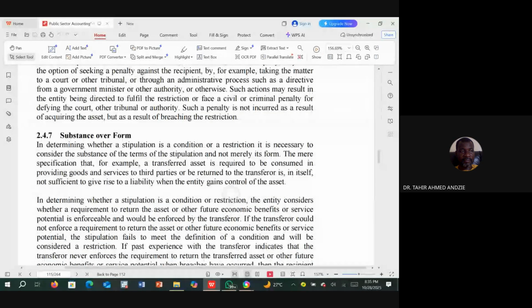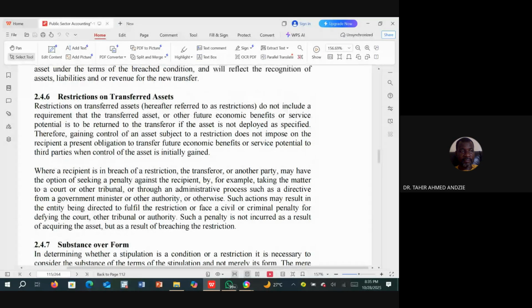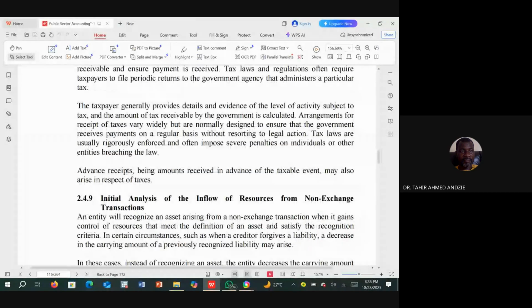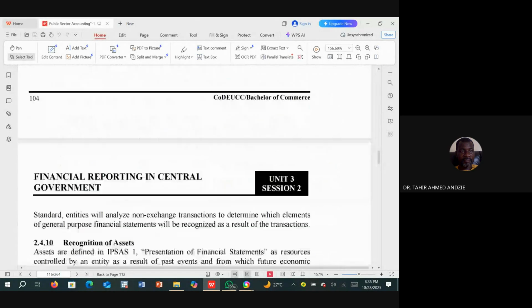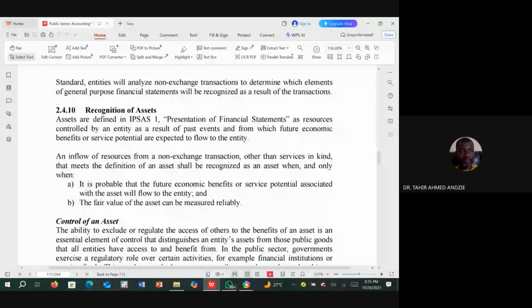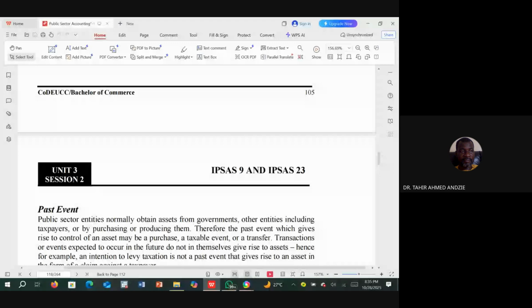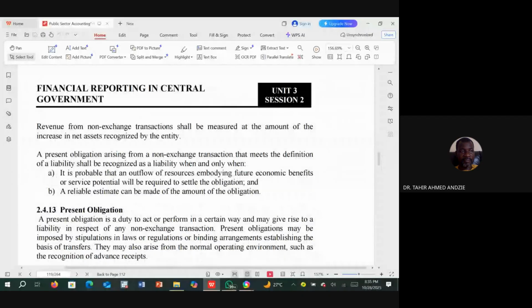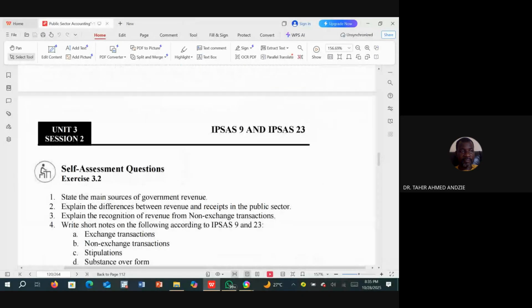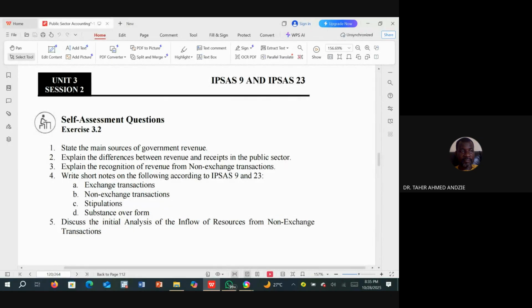So taxes and those ones. We are going to talk about that one later. We'll talk about the source of government revenue very soon. So we are talking about the self-assessment question here: state the main source of government revenue. We are going to talk about that very soon.